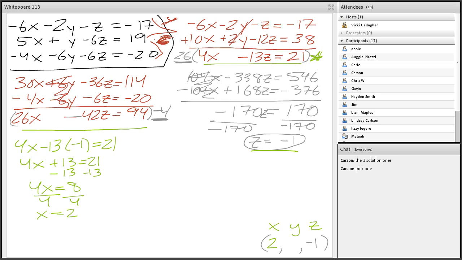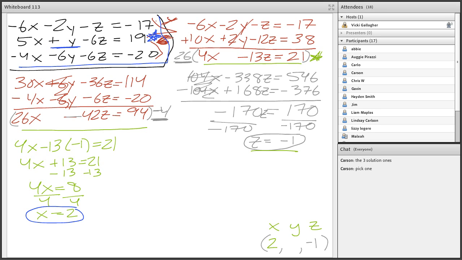All right, we're almost done. We just need one more letter, and that is the letter Y. So now I know X is 2 and Z is -1. So at this point in time, I'm ready to go back up and use one of my original equations, one that has 3 variables. That's the only equation that even has a letter Y in it. I'm going to choose the second equation, and I'm making that choice because the letter Y is all by itself in that equation, so I think that's kind of nice.